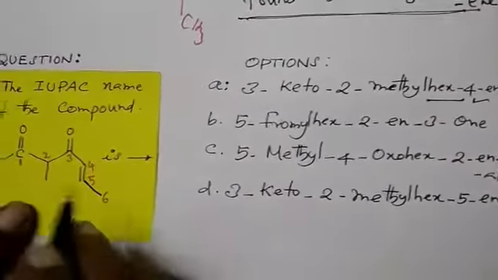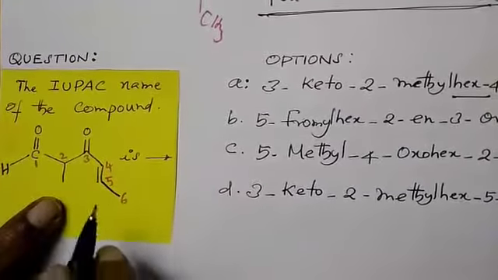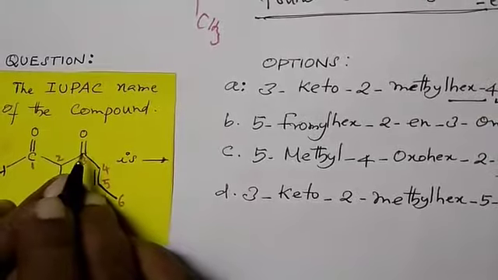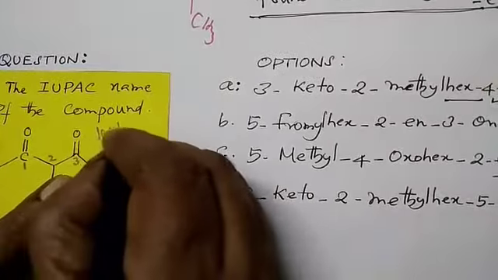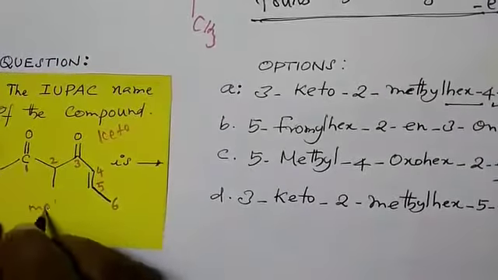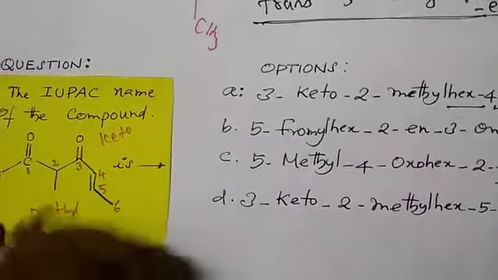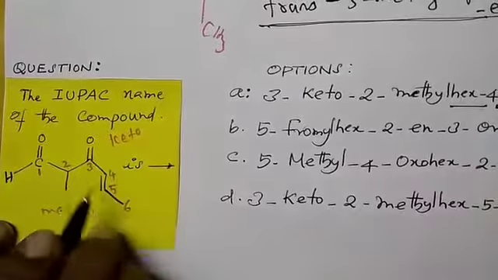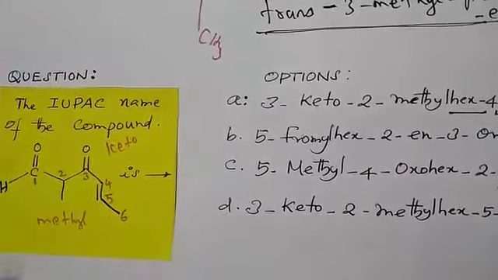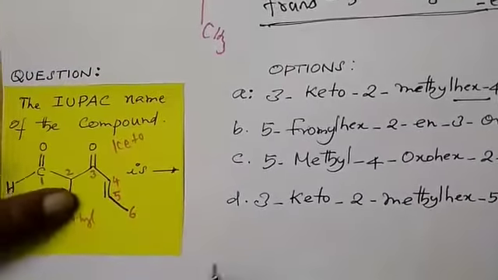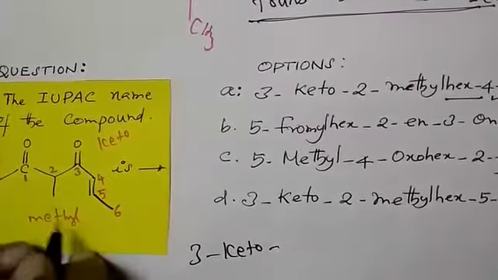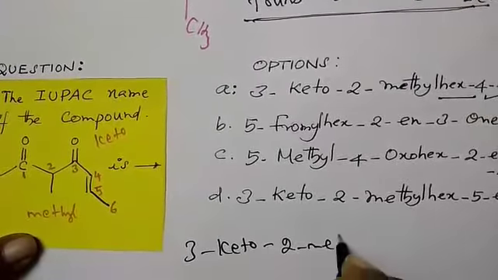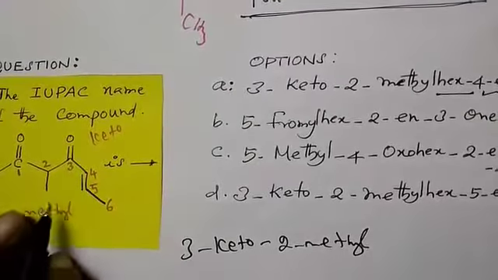Let us see the next point: on carbon atom 3 is the keto group. Now I am writing the name of the compound: keto and methyl group. Among these two, keto comes first alphabetically. So 3-keto, and then 2-methyl.